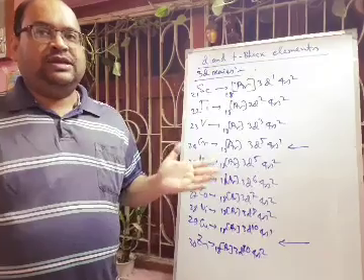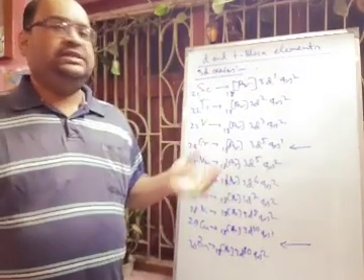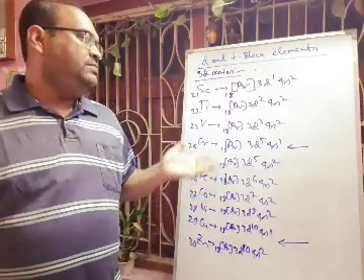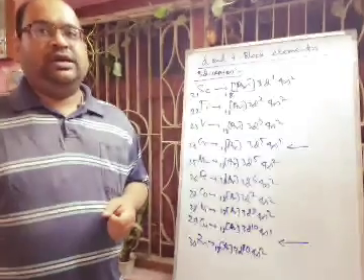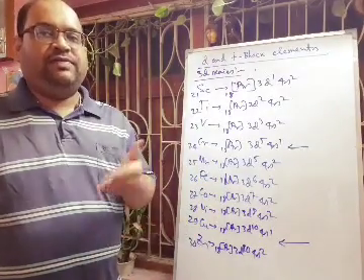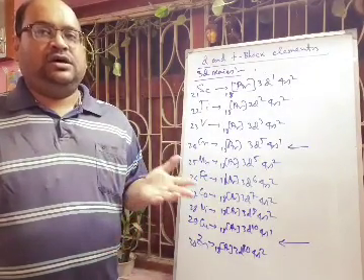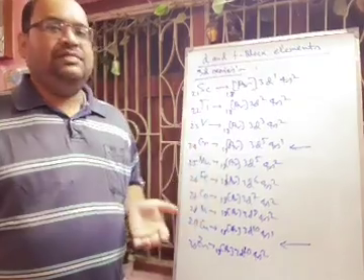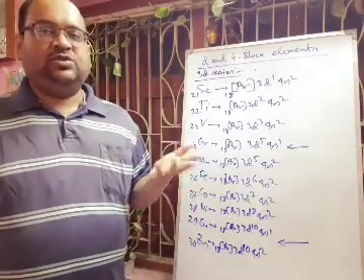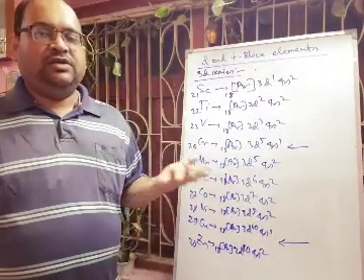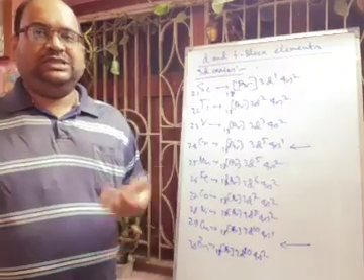Suppose you are thinking about technetium, the electronic configuration will be krypton 36, 4d5 5s2. And the next element in this 4d series, ruthenium, will be 4d7 5s1. So this is anomalous.